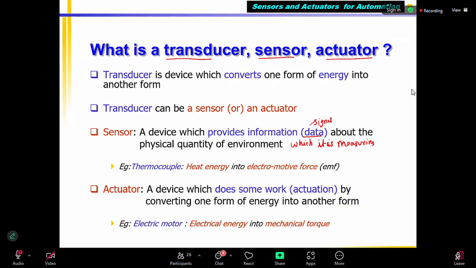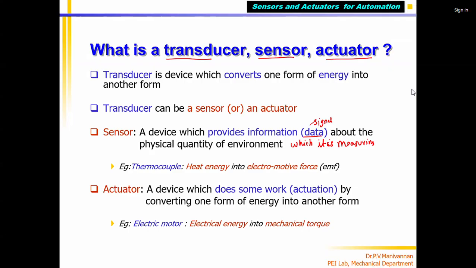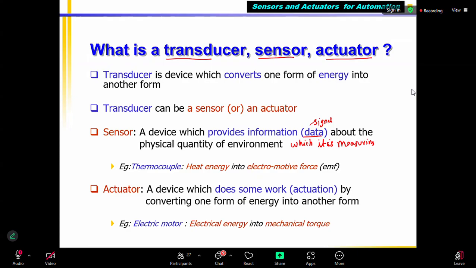For example, if the input parameter is force and it varies from 0 to 10 Newton, the sensor should produce some electrical signal, maybe 0 to 100 millivolts or 0 to 50 millivolts. Then this device is called a sensor. Again, it should be noted, if the input is pressure, it is mechanical energy, which is converted to electrical energy, called EMF or voltage.